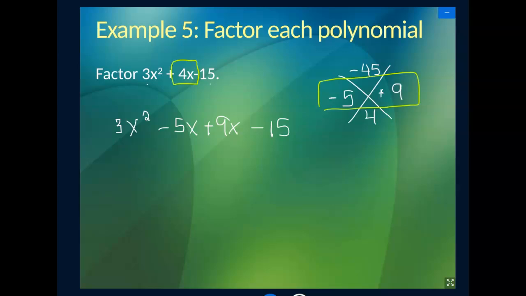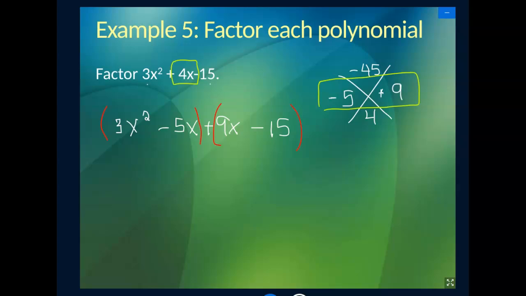This is why we learned the GCF. What we're going to do now is group the first 2 terms and the last 2 terms, and we're going to take out a GCF. What does 3x squared and negative 5x have in common? Alexis? Yeah, just an x.